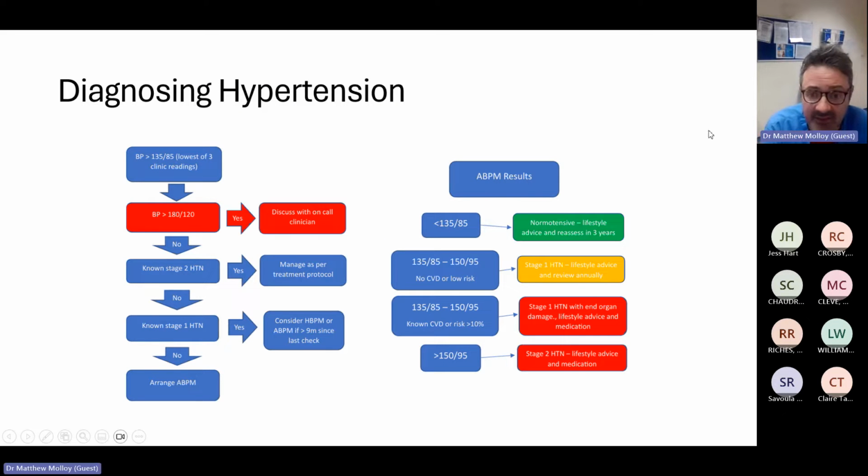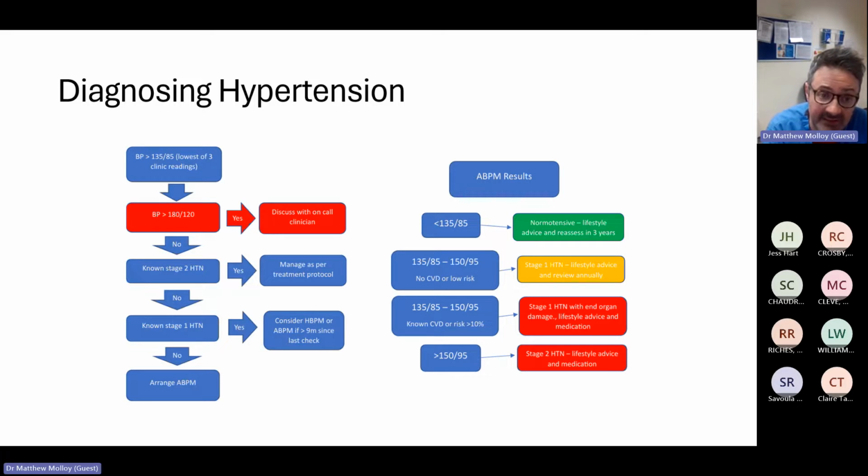So this is the kind of guidance that we use within our PCN. This is how we diagnose hypertension and manage ABPM results. We get the patient to have 3 clinic readings, and if the blood pressure is extremely high, we take into consideration the last slide, whether we do anything on the day or whether we start treatment whilst waiting for further investigation and bring them back soon.